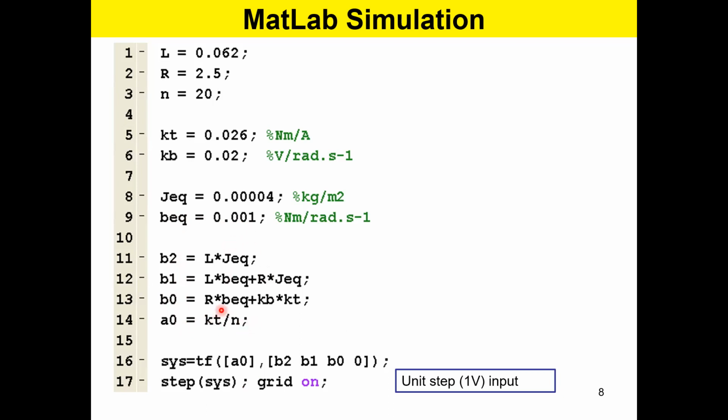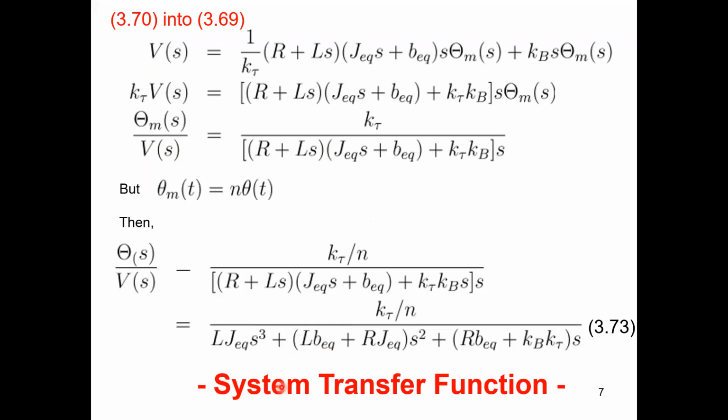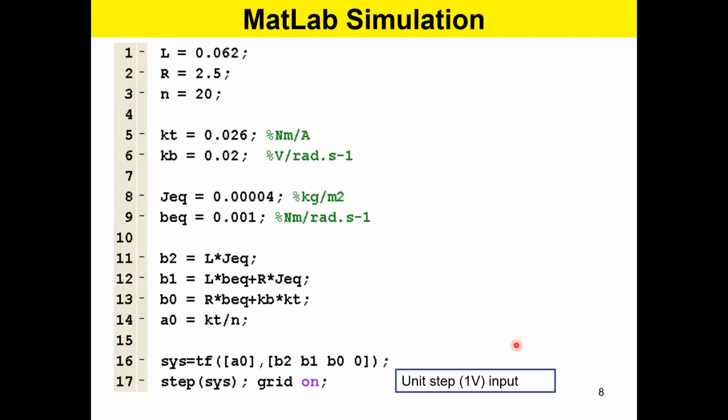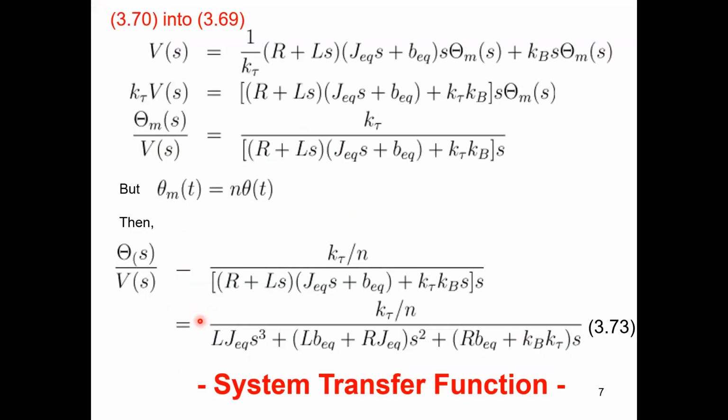These are basically the coefficients. There are 3 coefficients right here: L J equivalent, and these 2 and this one. So we write L J equivalent, this one, and what is at the top is K tau over N, that is A0, K tau over N.